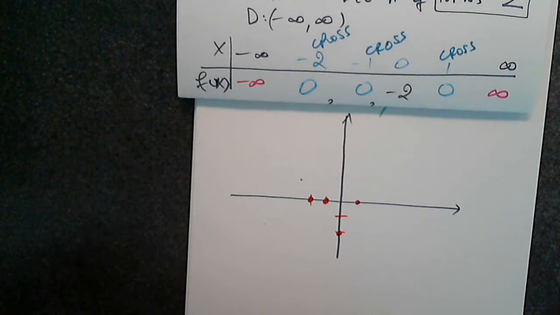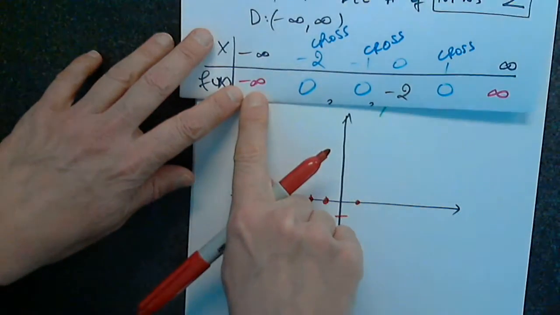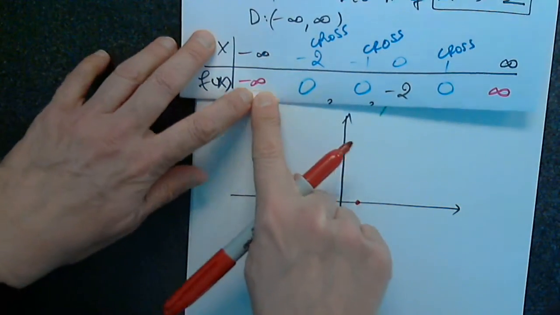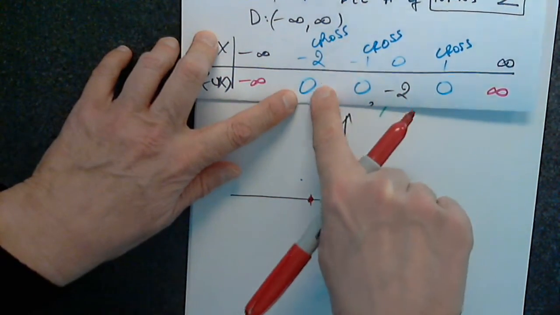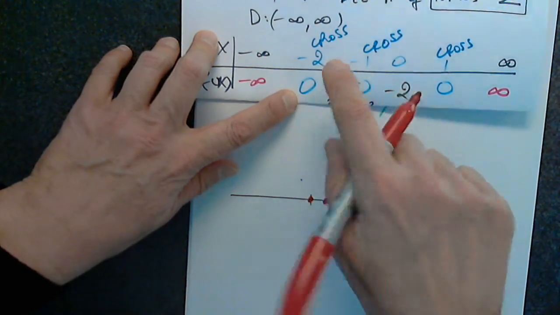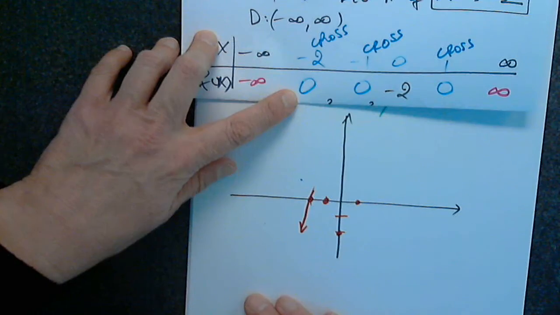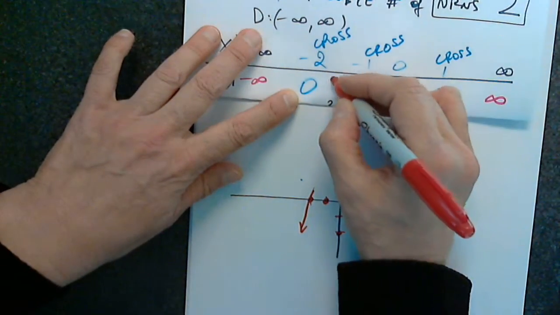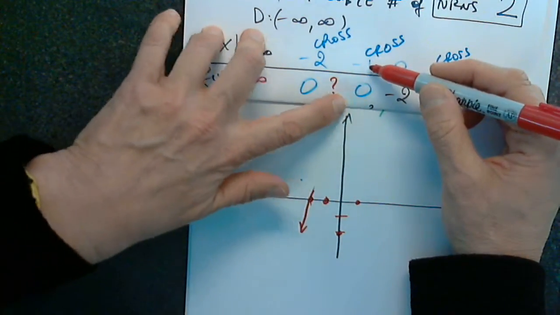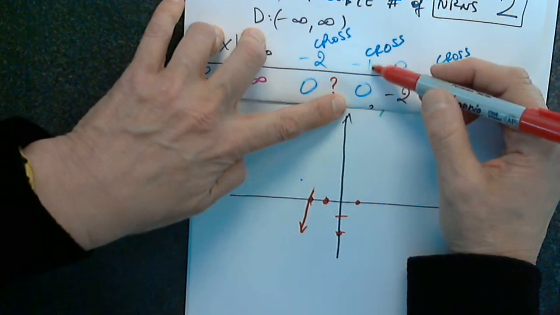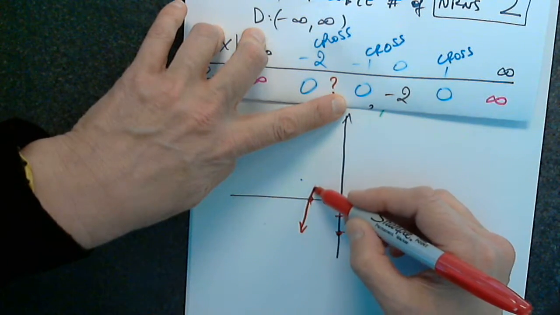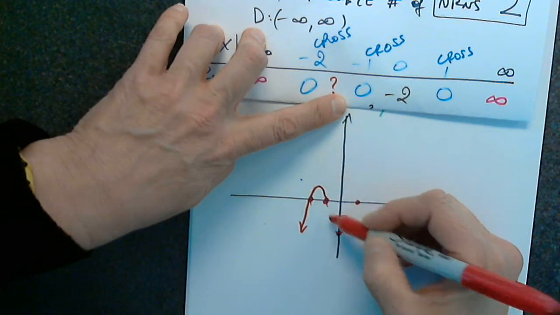And here's what the table is telling me. It comes from negative infinity and has a regular cross at negative 2, 0. Something must happen here because it has to come back and cross at negative 1, 0. So it must have a maximum because it comes back and crosses here.